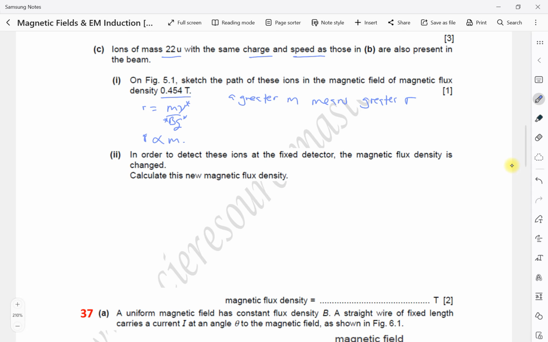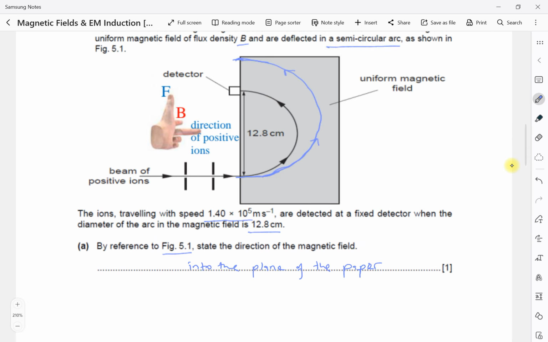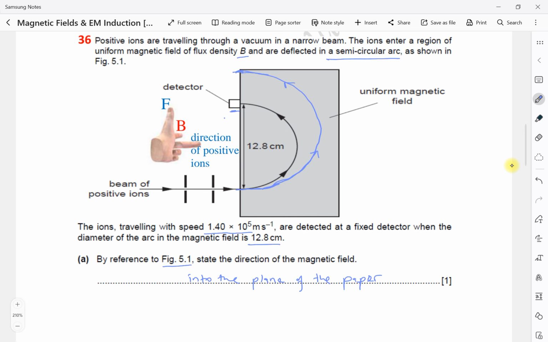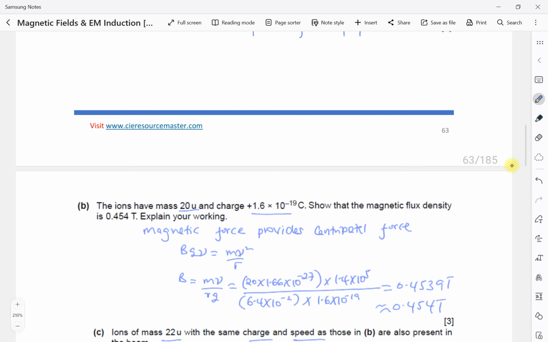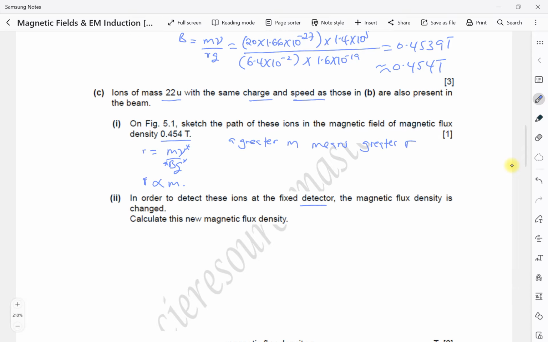And lastly, in order to detect these ions at the fixed detector, the magnetic flux density is changed. If we wanted to detect the ions at this point here, then B must be changed. Calculate this new magnetic flux density.